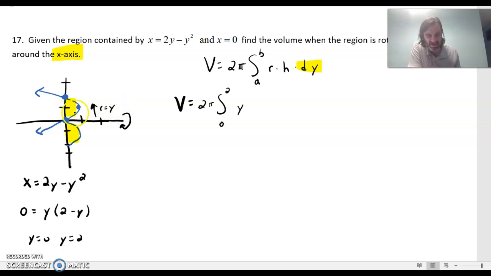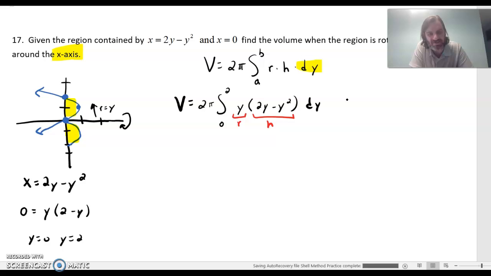And then the actual height would be the actual function here, which would be 2y minus y squared. That would be coming off the y-axis out. So we've got the radius and we've got the height, and everything is in terms of dy. So the integral we're going to look at is 2 pi times the bounds 0 to 2, and then integrate y times 2y minus y squared dy.